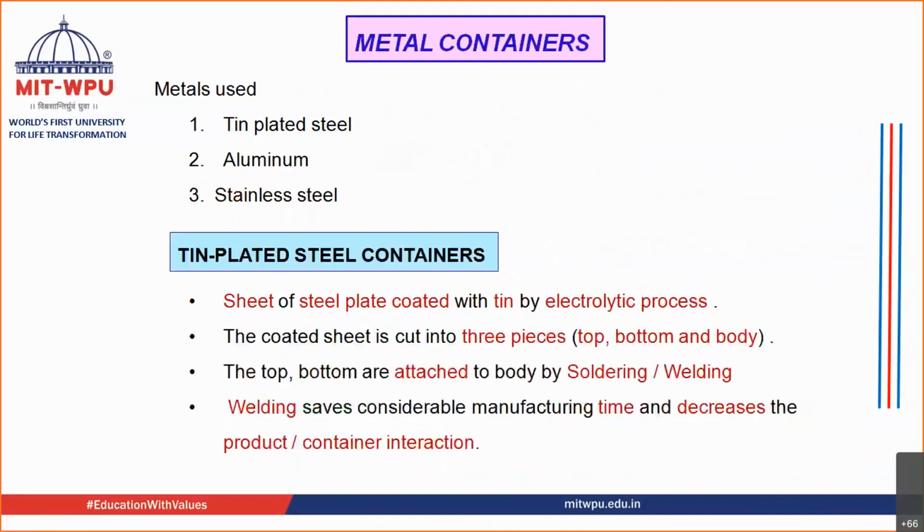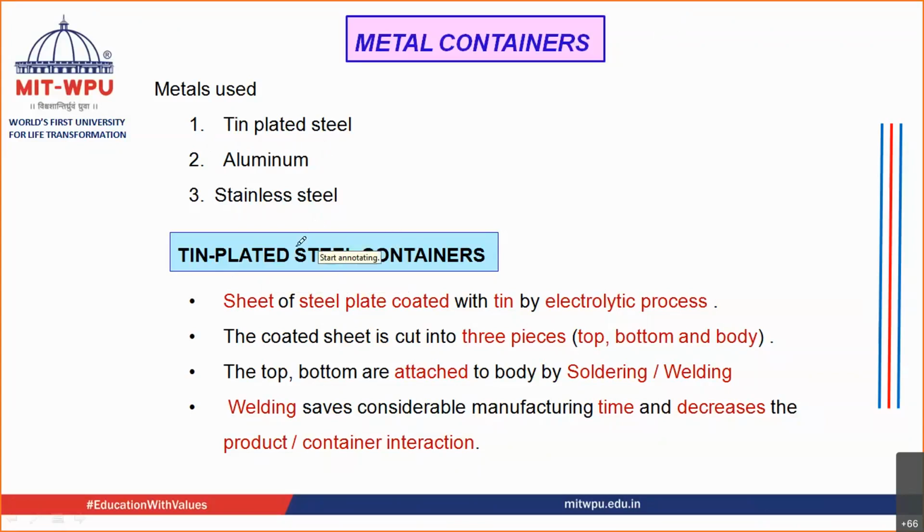Now let us move to the third type of container, that is metal containers. As I told you earlier, three materials can be used. One, you can use steel which is tin plated, so tin plated steel. The second material is aluminum, and the third material is stainless steel. Let us see the first material, that is the tin plated steel container.